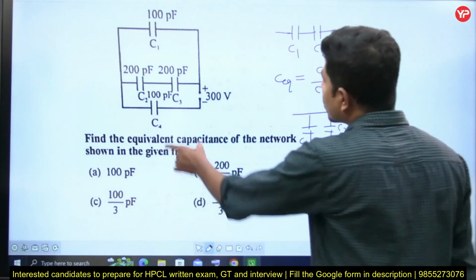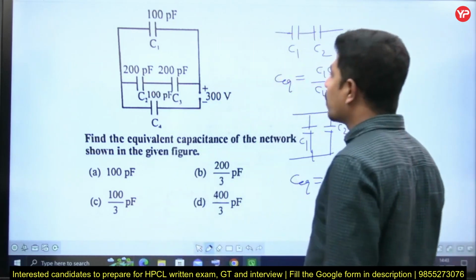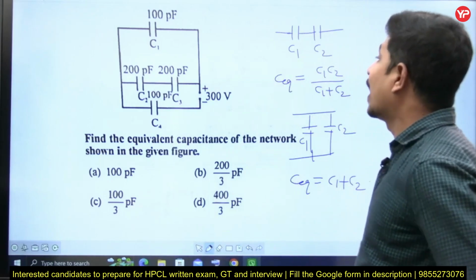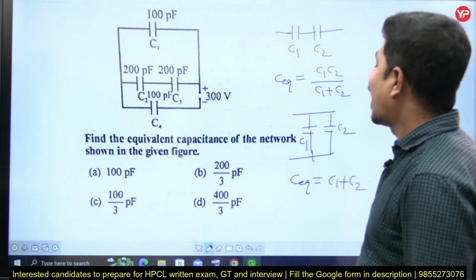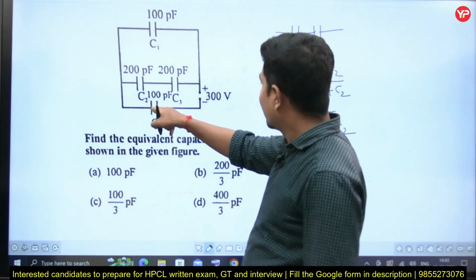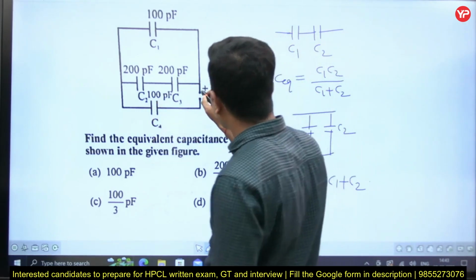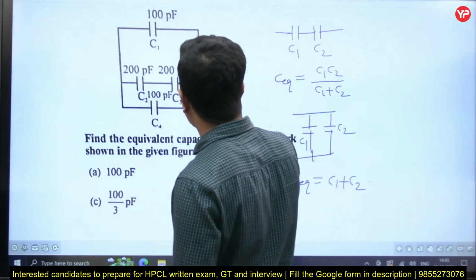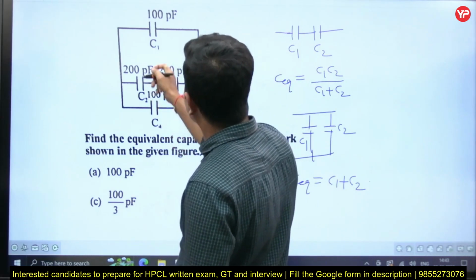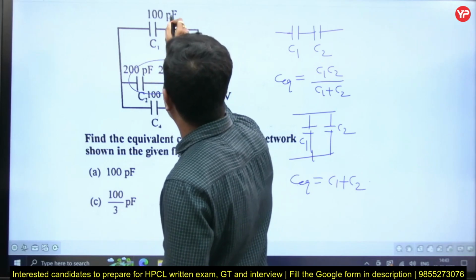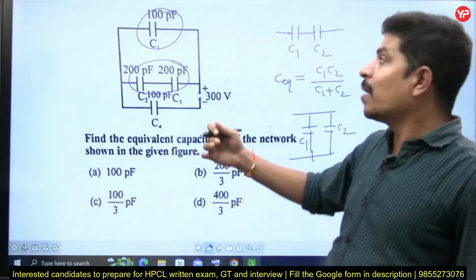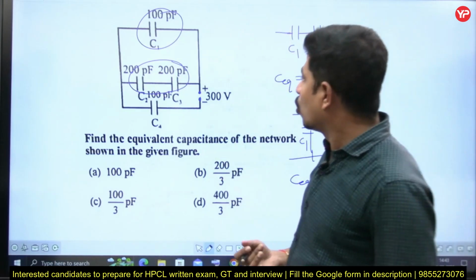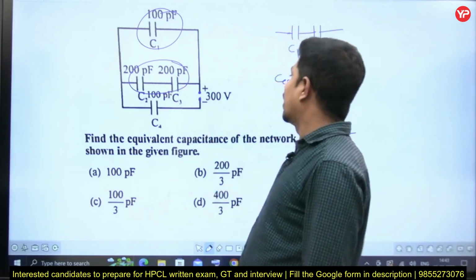So here these two, 200 picofarads and 200 picofarads, are in series, then the resultant will be 100 picofarads. 100 in parallel with 100, I should not add like that. Here that fellow kept it open, I should not add. This part is in parallel with this part. This 200 in series with 200 will become 100, 100 in parallel with 100 will be 200, and 200 in series with 100.